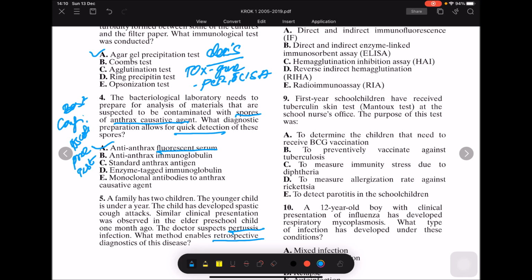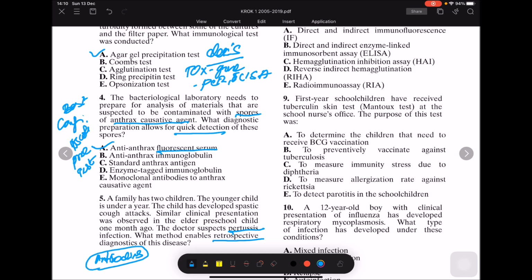To check this, we have to use a retrospective diagnosis. Retrospective diagnosis is like reverse checking. For that we have to use the antibodies against this pertussis infection.